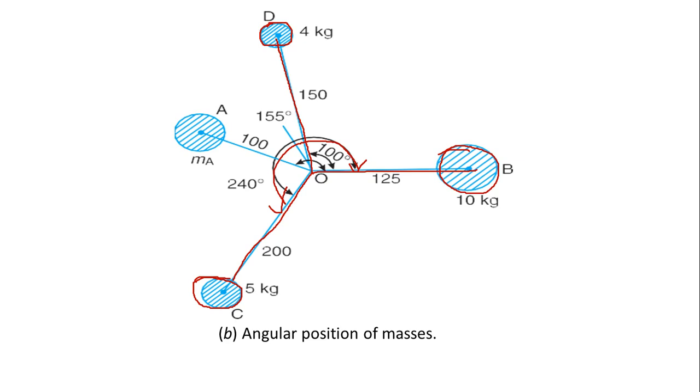Okay, you can measure this angle also, and you get the angle BOD as the angle for the reference plane for D. So you got now the angle for position B, then position C, and then position D. All three angles are known to you now.